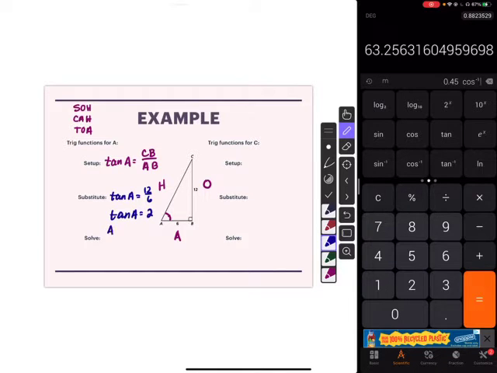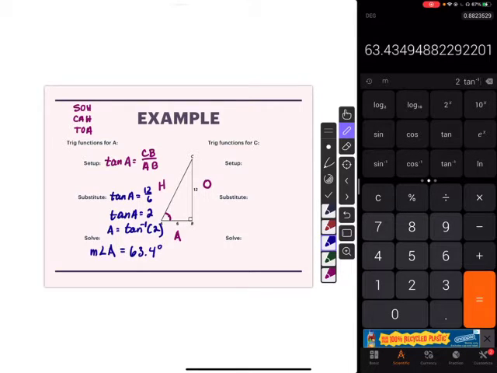And so A equals inverse tan of 2. And then we'll just grab our calculator, and we'll go 2 and inverse tangent. And it tells us that angle A, I should put measure angle A, equals 63.4 degrees.